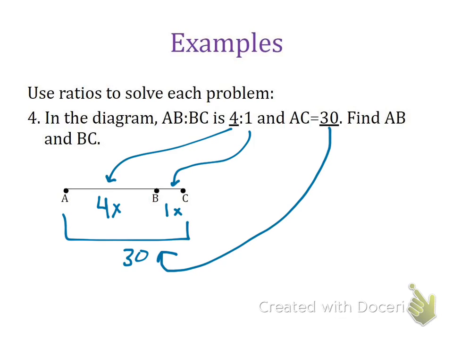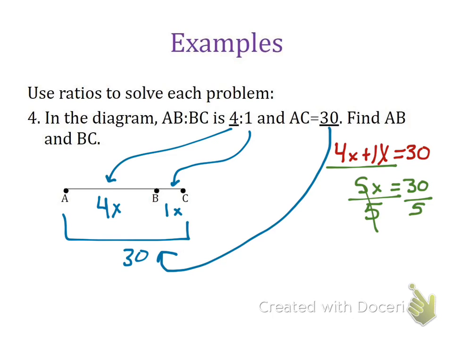How would we solve for x? 4x plus 1x equals 30. So 4x plus 1x is 5x. 5x equals 30, divided by 5. So x equals 6.